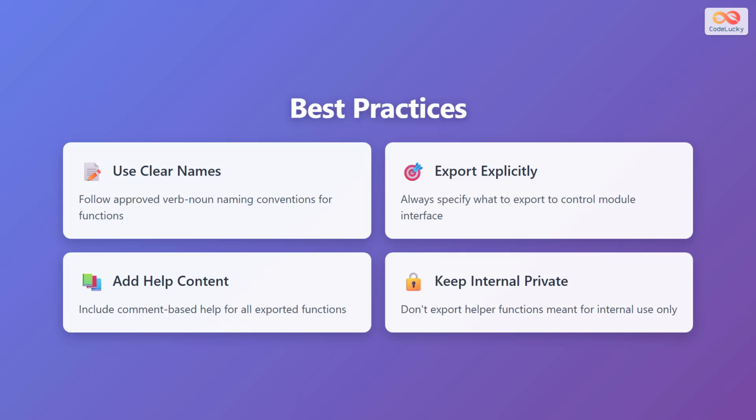Third, add help content by including comment-based help for all exported functions. This makes your module professional and user-friendly. Fourth, keep internal functions private by not exporting helper functions that are meant for internal use only. This maintains a clean separation between your public API and internal implementation details. Following these practices will result in well-designed, maintainable, and professional PowerShell modules.